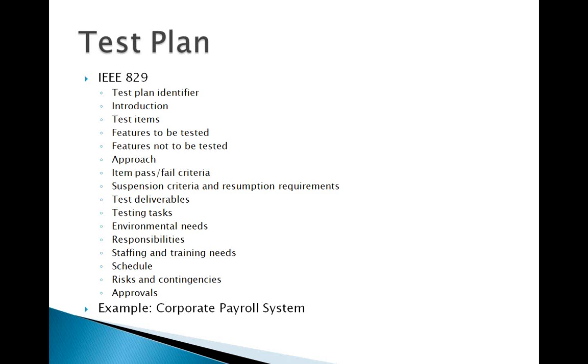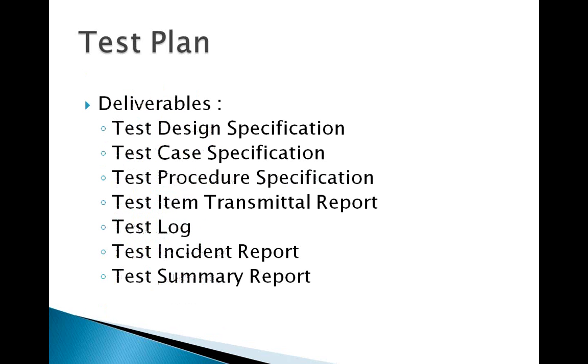So in order to take care of the increased load, again the contingency could be to hire contractors. And of course it has to have an approval chain, so that all the stakeholders, especially the management chain, the senior management chain, is involved, and you get a sign off from them as to all the things you are planning in this test plan.